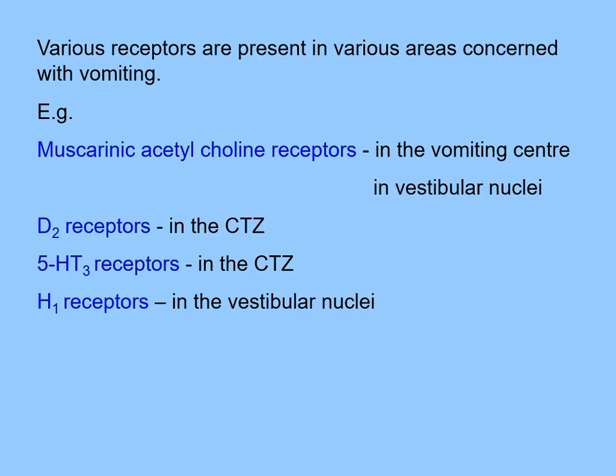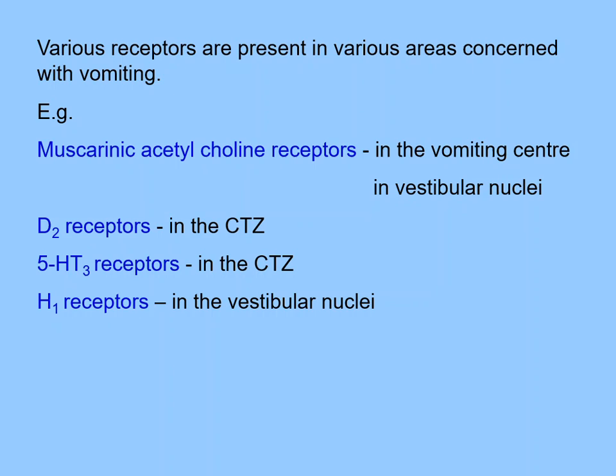Various receptors are present in various areas concerned with vomiting. For example, muscarinic acetylcholine receptors are in the vomiting center and in the vestibular nucleus. Then D2 receptors in the chemoreceptor trigger zone, 5-HT3 receptors in the chemoreceptor trigger zone, and H1 receptors in the vestibular nucleus.